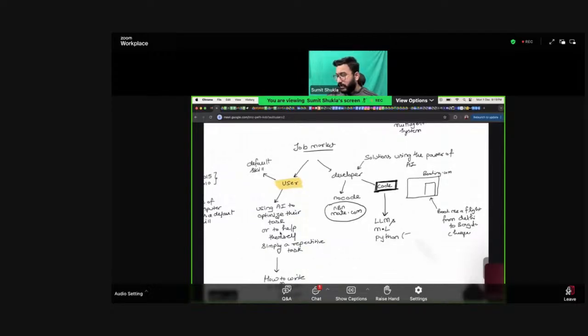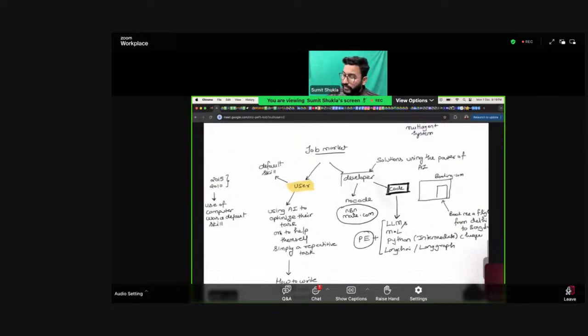I would say intermediate Python, the frameworks which run on top of Python, which are LangChain and LangGraph. These are the frameworks using which I can create such AI systems. And definitely, plus prompt engineering. We cannot avoid this. This is basically what we at Coding Ninjas are trying to help people with.